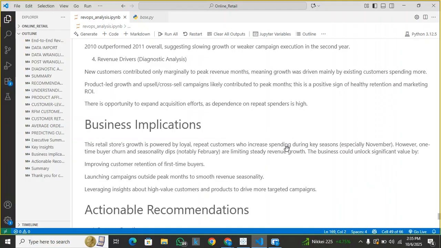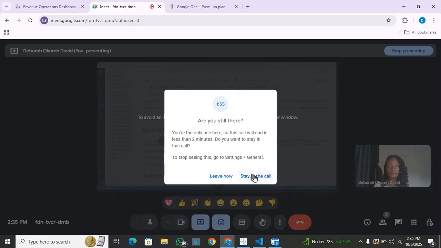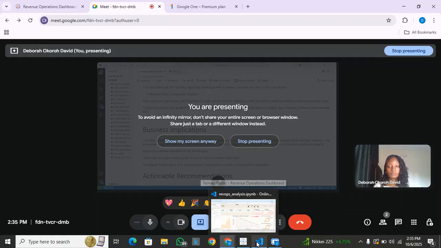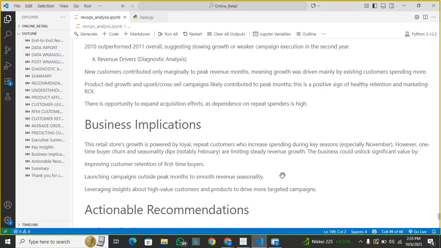So the business implication is that this retail store's growth is powered by loyal repeat customers who increase spending during key seasons, especially November. However, one-time buyers churn and seasonality dips, notably in February, are limiting steady revenue growth.